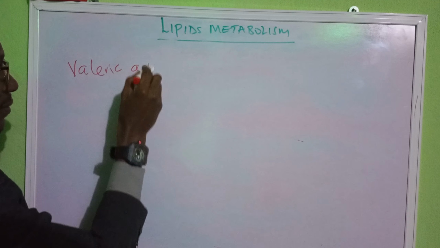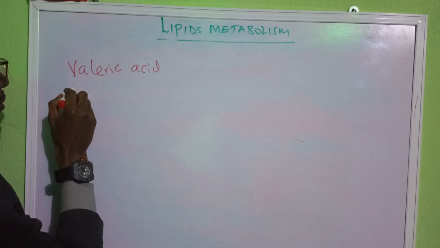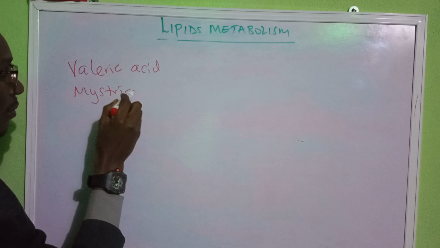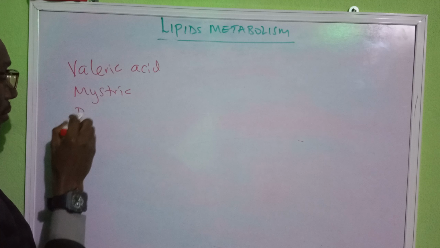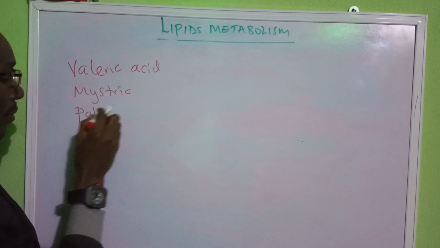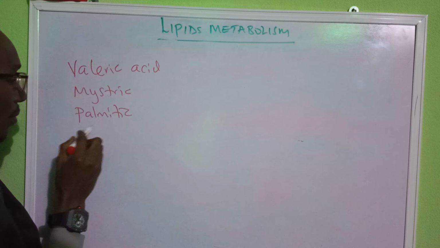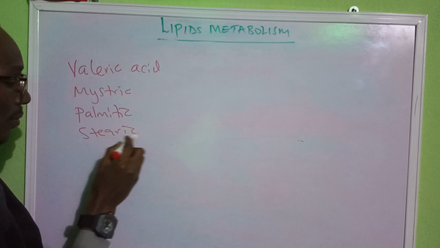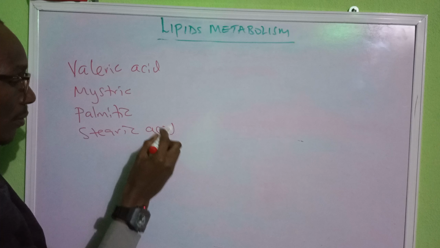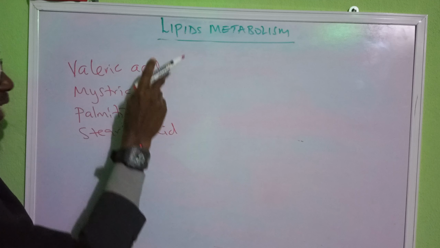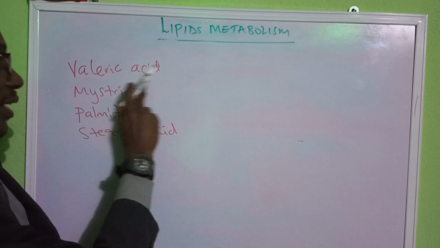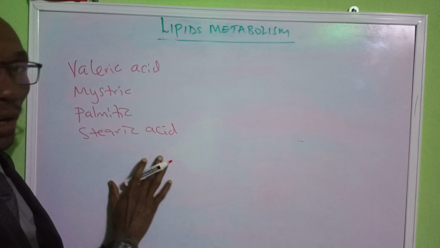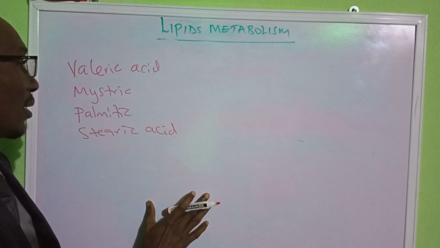Valeric acid. So now these are saturated fatty acids. Valeric acid, myristic acid, palmitic acid, stearic acid, all consist of single bonding.